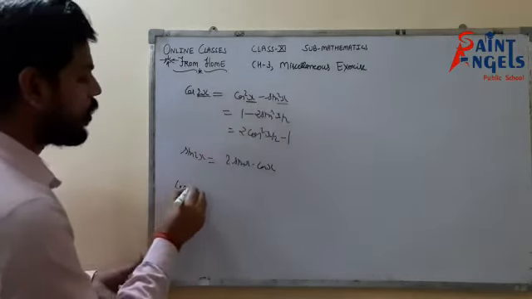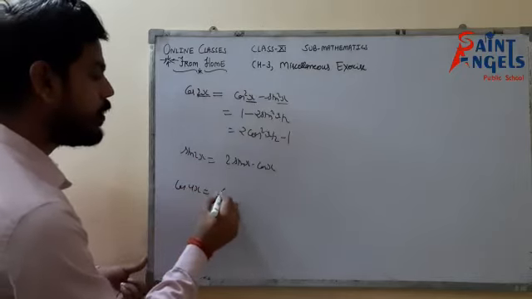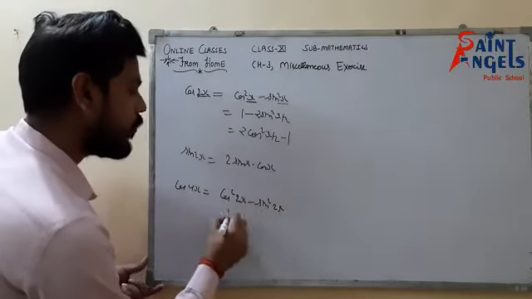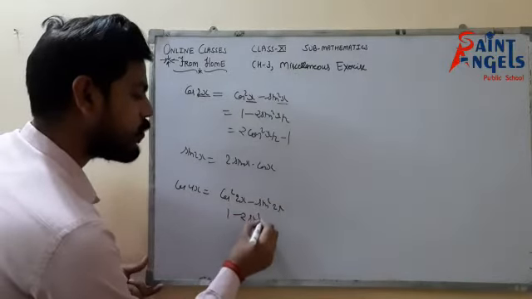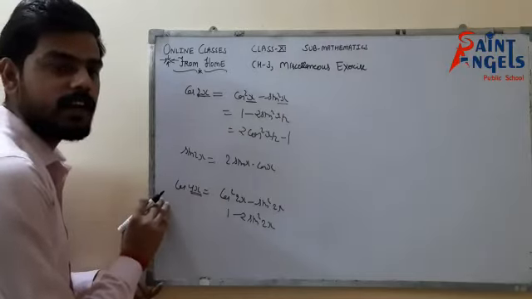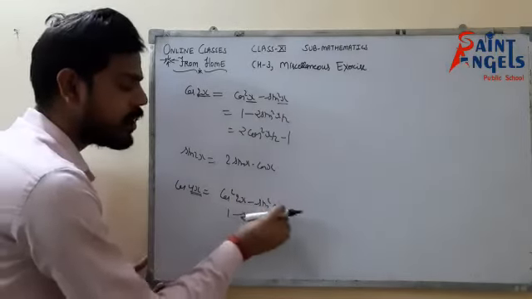Suppose I have the formula of cos 4x, that would be cos square 2x minus sin square 2x, 1 minus 2 sin square 2x. Whatever angle we have on the left hand side, exact half angle we use on the right hand side.